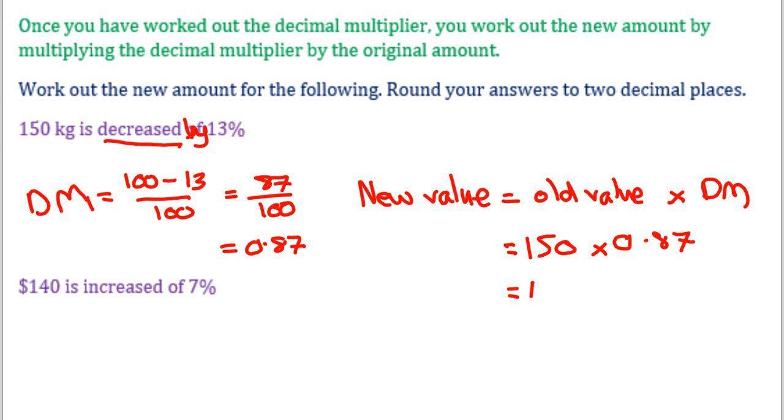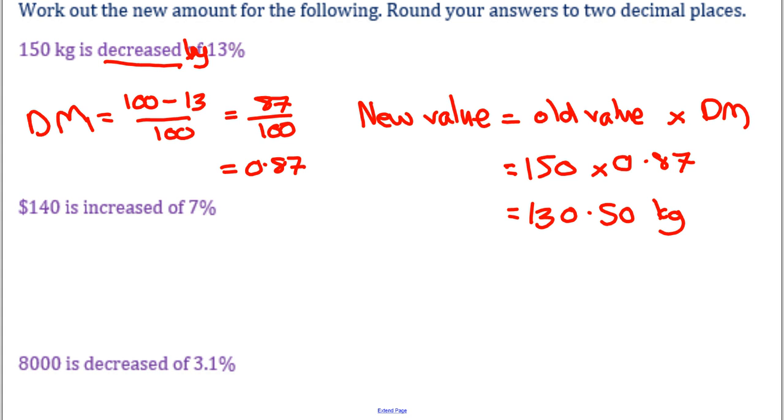I got 130.5, which is already, you could write 130.50 if you want, but 130.5 is also okay, because it said round any answers if you need to round, and 130.5 is an exact answer. So 130.50 kilograms if you want to do 2 dp. Makes sense because 150 going to 130.5, it has decreased. So it's always good to double check. Did it decrease or did you by accident do an increase?